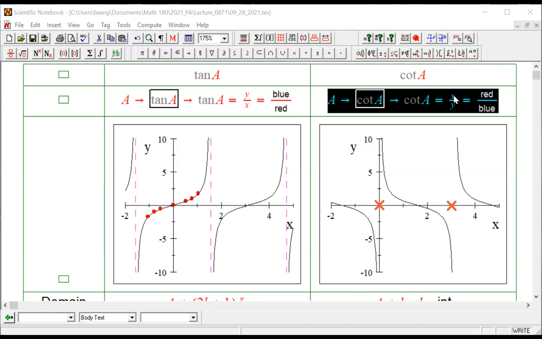I will try to speed up a little bit here, because we cannot afford the great detail we gave tangent.